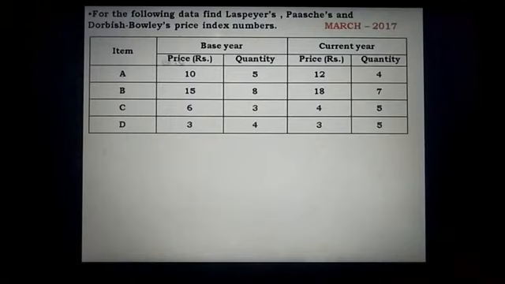Only these 3 price index numbers are to be calculated. Obviously, 3 index numbers are asked: 3 formulas, 3 marks, and then those 3 end answers, again 3 more marks. There it became 6 marks.